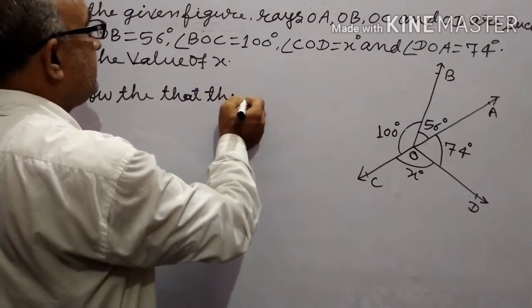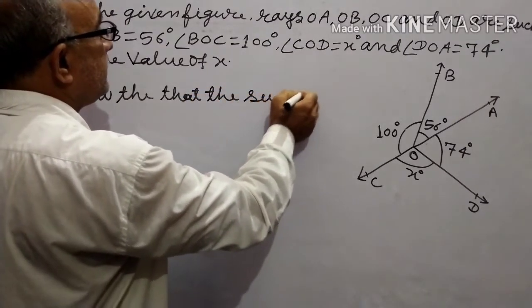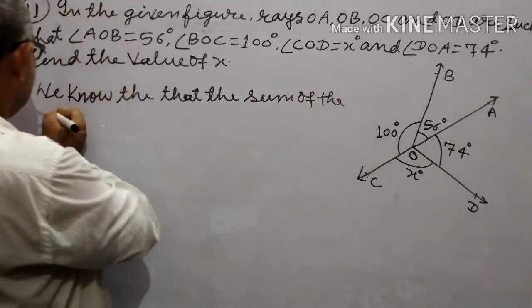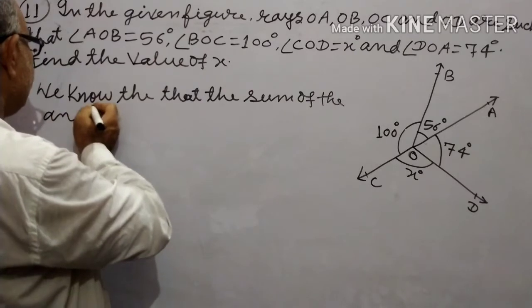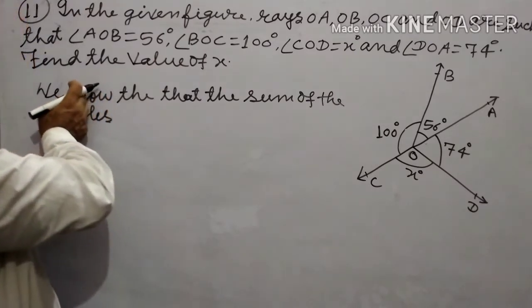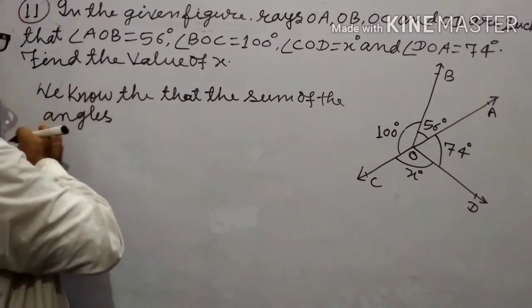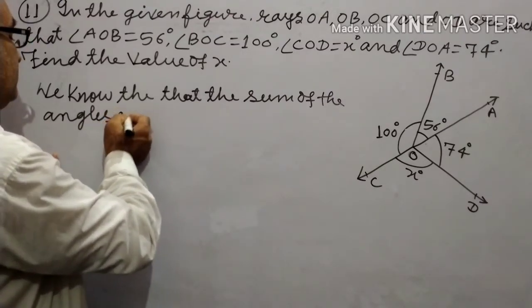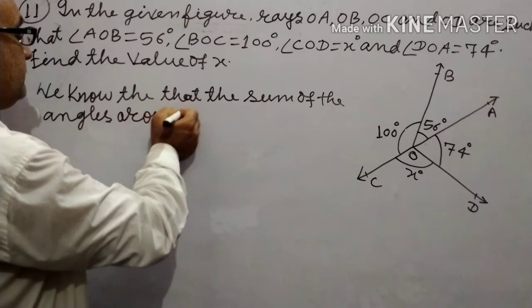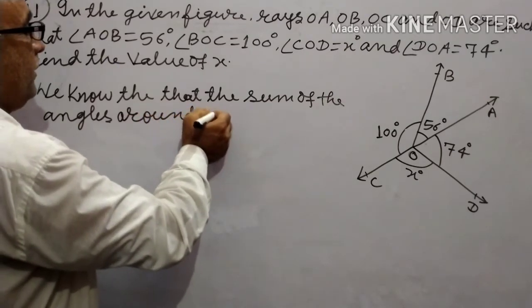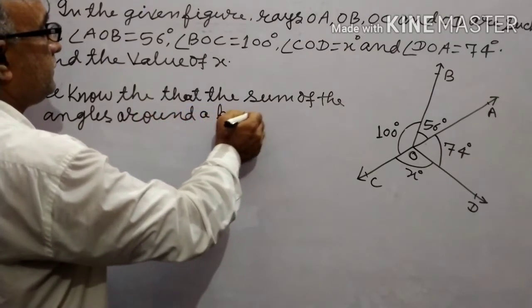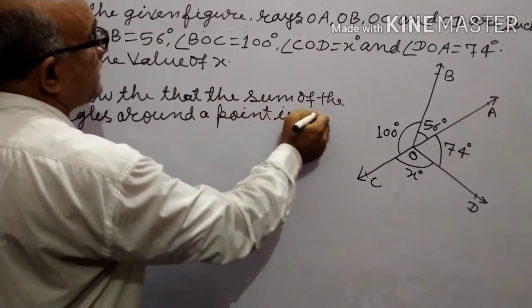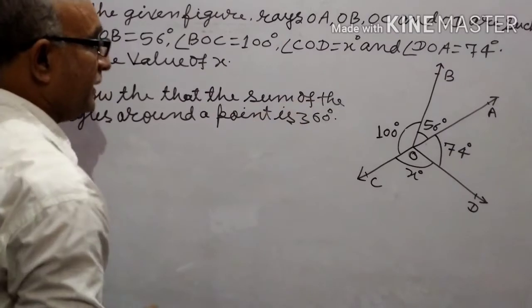We know that the sum of the angles around a point is 360 degree.